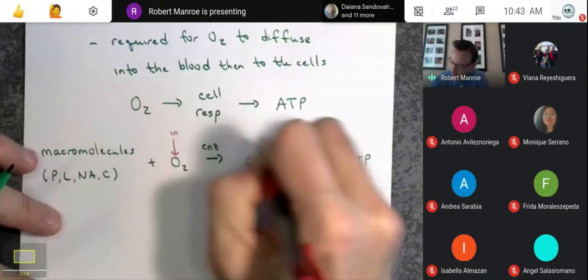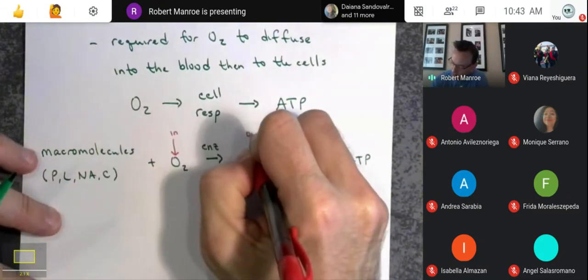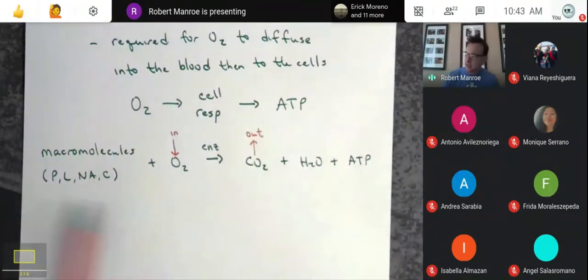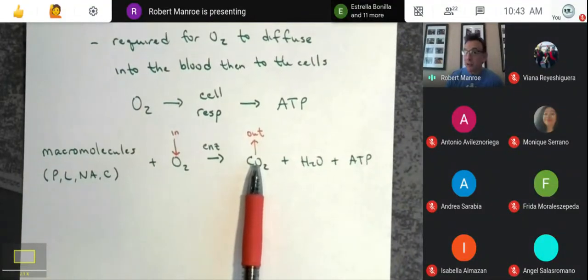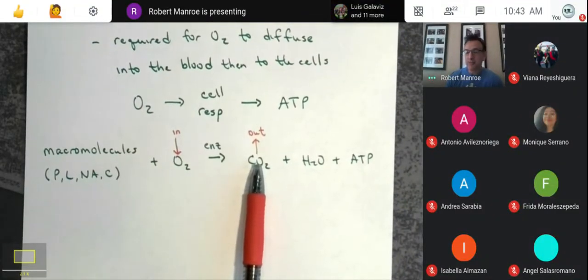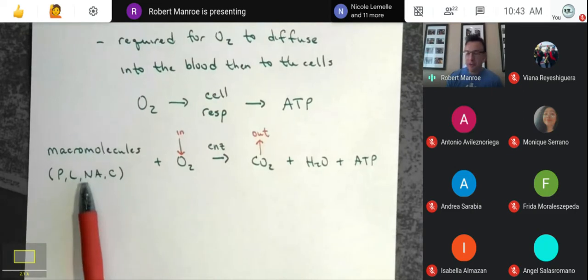Breathe this in, breathe this out. That's ventilation right there. And ultimately, the CO2 that we breathe out comes from what molecules? The macromolecules. Yep, the food that we eat.